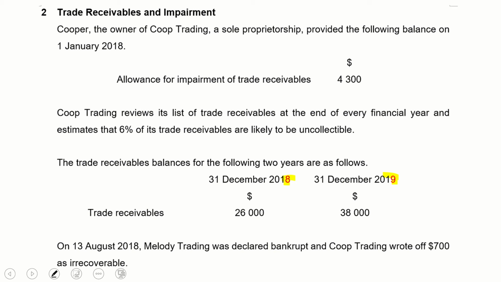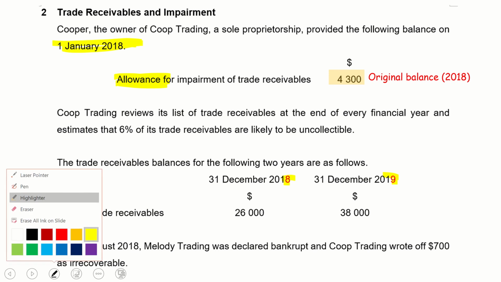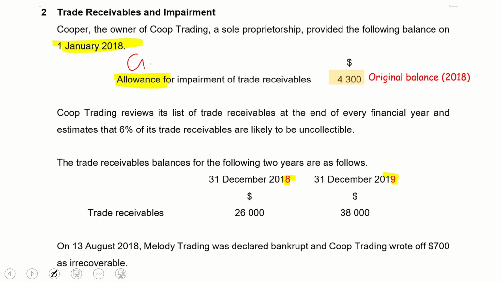So Cooper, the owner of Coop Trading, provided the following balance on 1st of January 2018. So in 2018, he gave you a balance for allowance. Now, just want to remind everybody that allowance is a contra asset, and contra assets have an accounting rule minus plus.